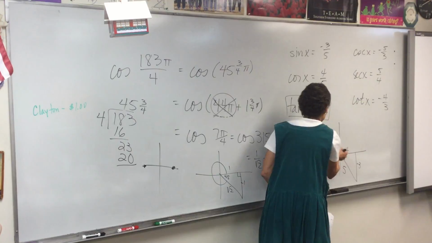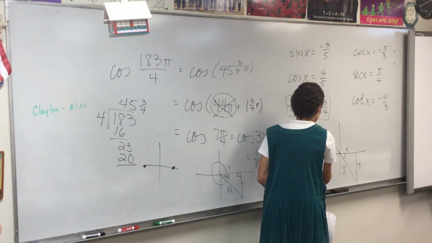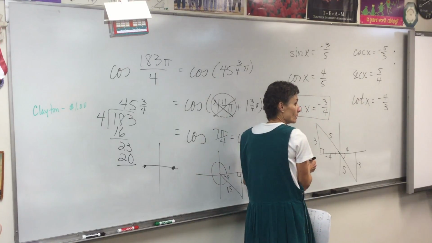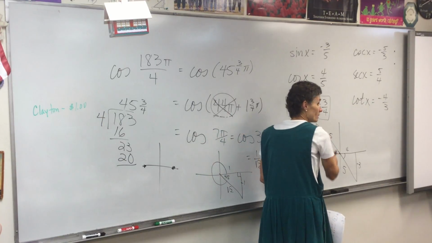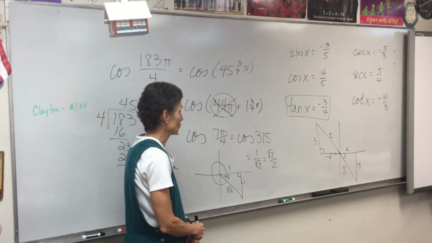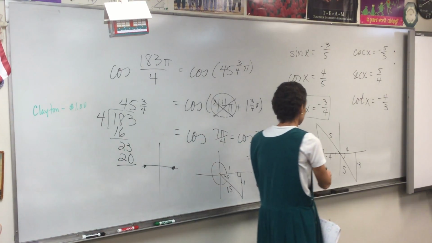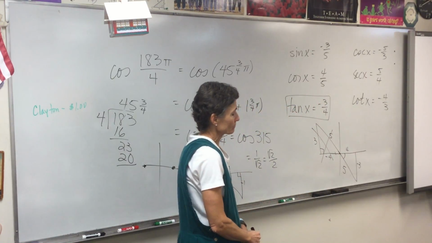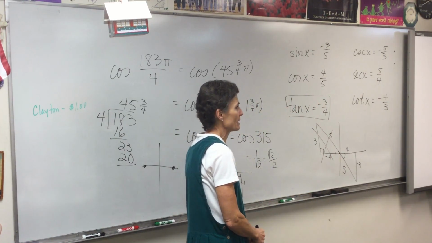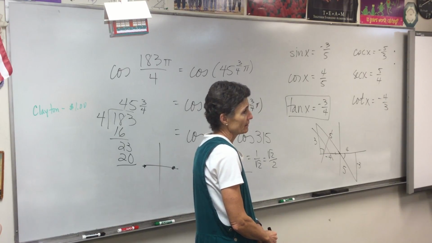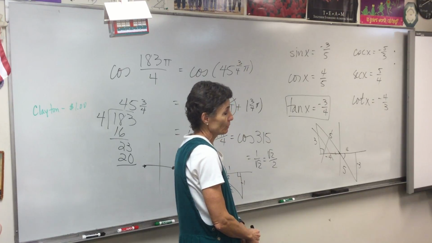Wait a second. You talking about up here in this quadrant? No, it can't be here because the sine is positive in quadrant 2. Remember, as you start thinking about these positives and negatives, and they're huge, you gotta pay attention, really close attention.